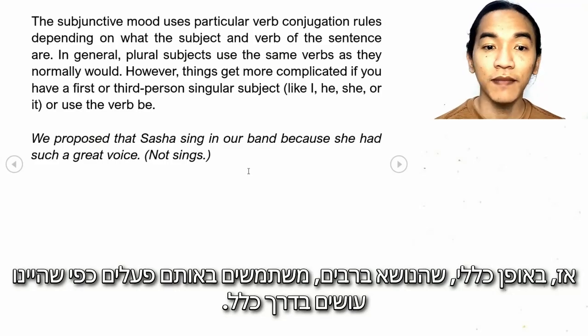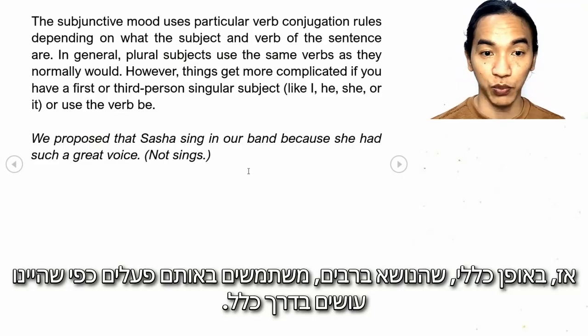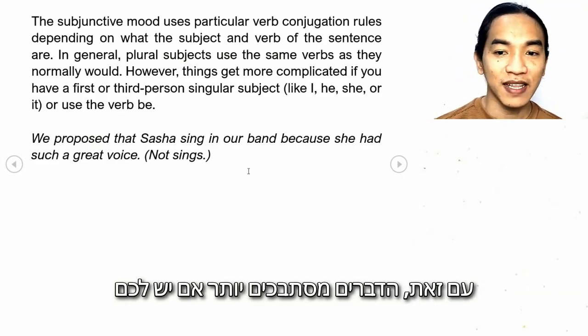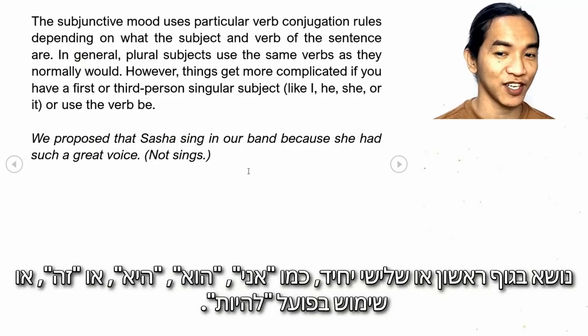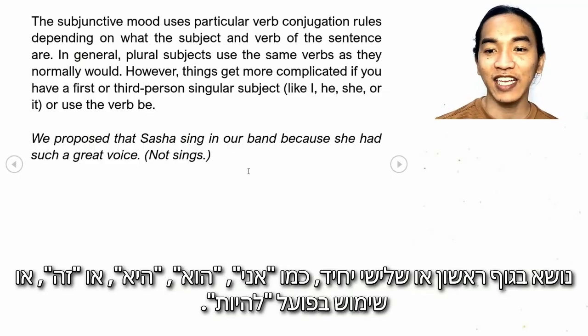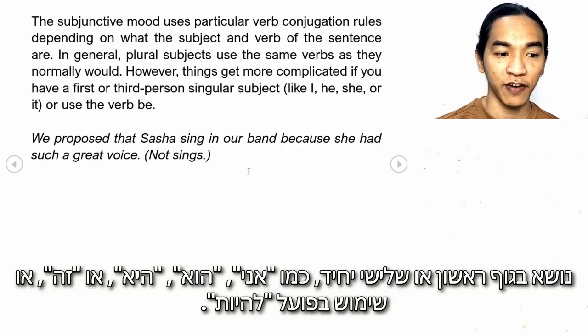In general, plural subjects use the same verbs as they normally would. However, things get more complicated if you have a first or third person singular subject like I, he, she, or it, or if you use the verb be.